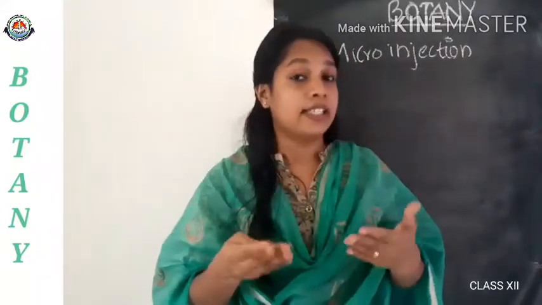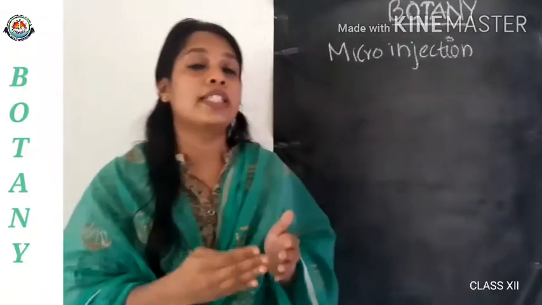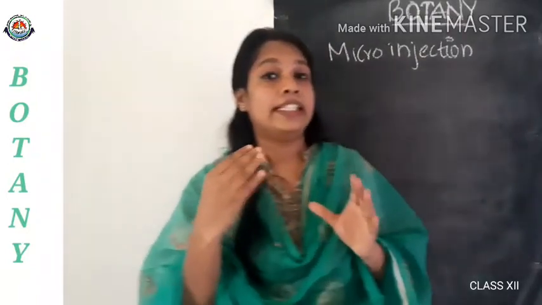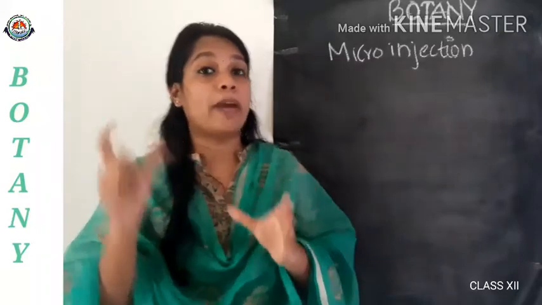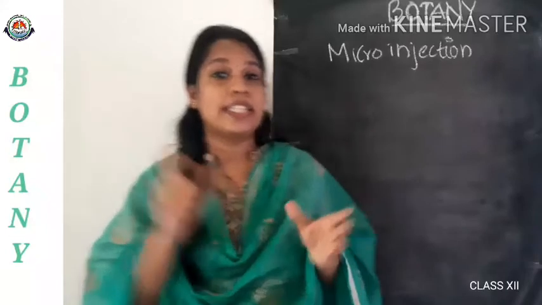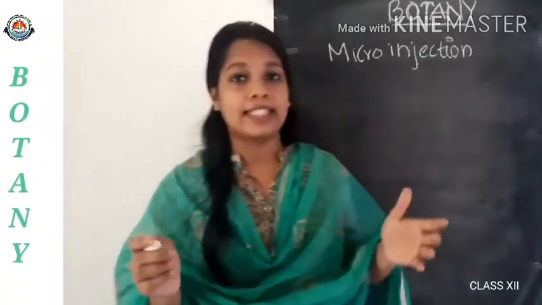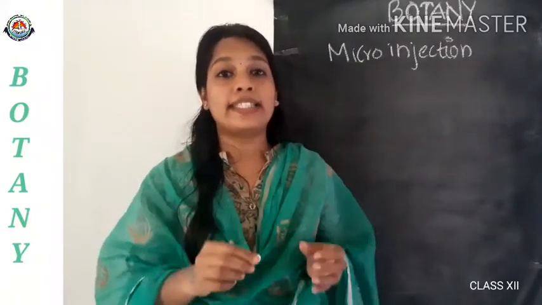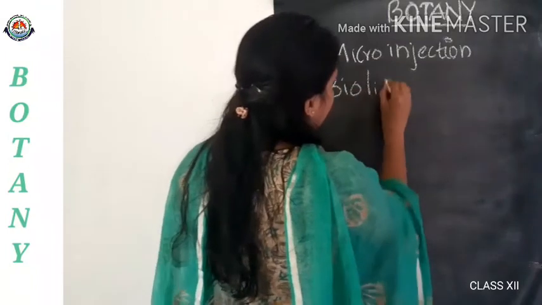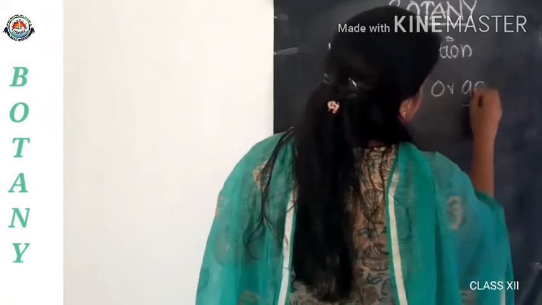And there is another method in plants. High velocity microparticles of tungsten and gold coated with the DNA are bombarded into the cells of plants. That is called biolistics or gene gun.